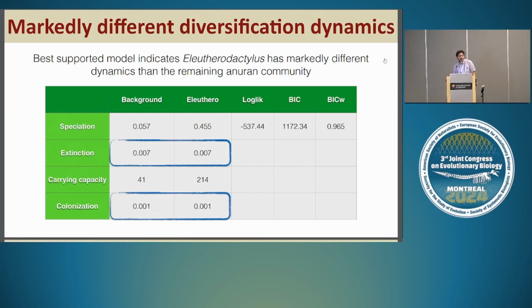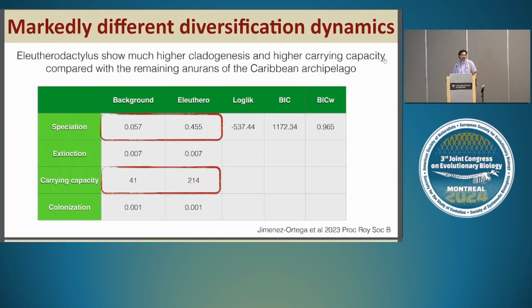The extinction is really low for both, which I found quite interesting. And of course, the speciation rates are much, much higher for Eleutherodactylus. But what I find really interesting is that there's also a massive difference in carrying capacity. So it suggests that they're just better at making the most of that ecological opportunity that is available. So it's not only that it's available, it's that the lineages that diversify are the ones that are best able to make the most out of it.